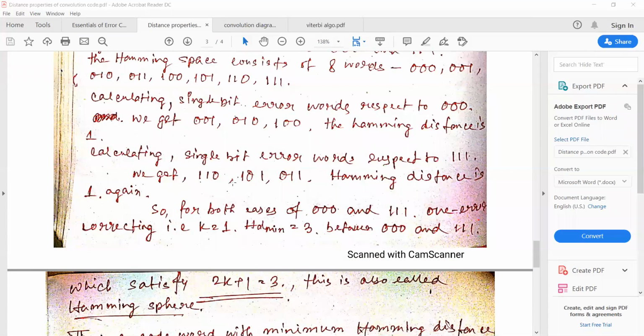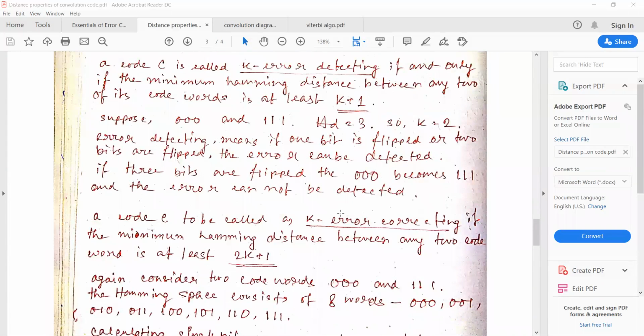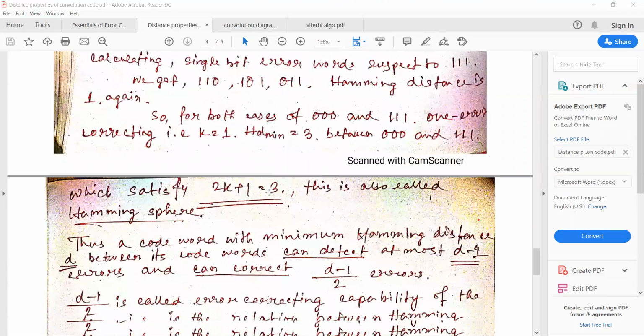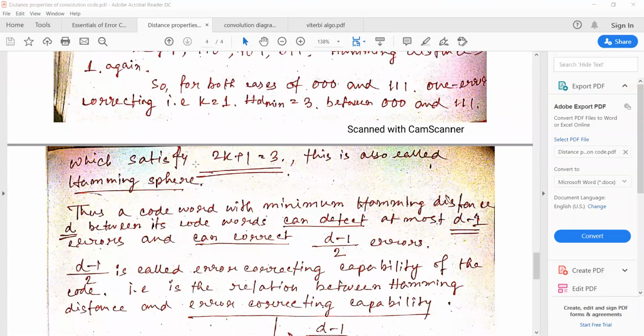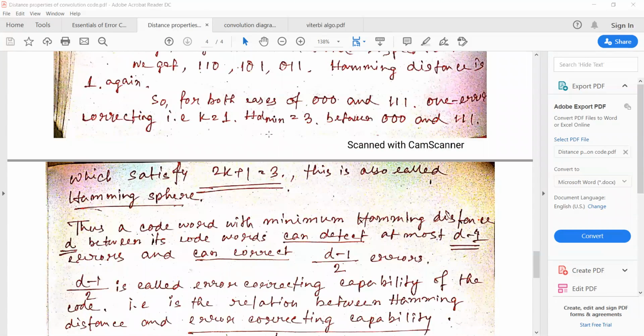So k equals 1, and for a k error correcting code, the minimum distance will be equal to 2k plus 1. You have seen that here it is satisfied: 2k plus 1 equals 3, because the Hamming distance equals 3. So this is the relation between the k error correcting code and the minimum Hamming distance.